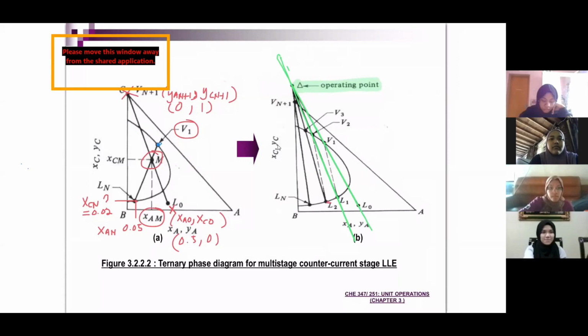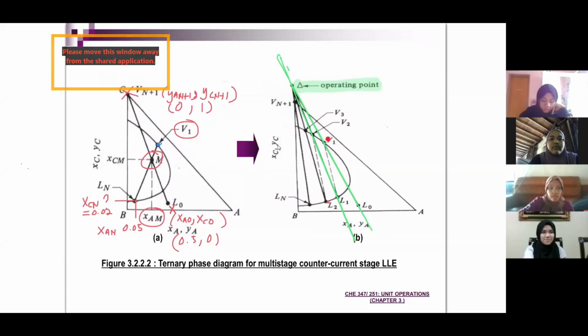Okay, so from this reference point or operating point, you should realize that L1 and Ln will lie in your layer here, and V will lie in this particular top layer. So this layer we call the raffinate layer, and this one we call the extract layer.